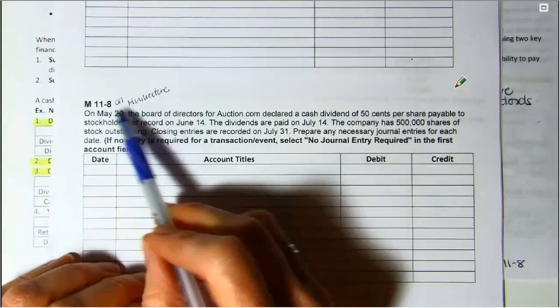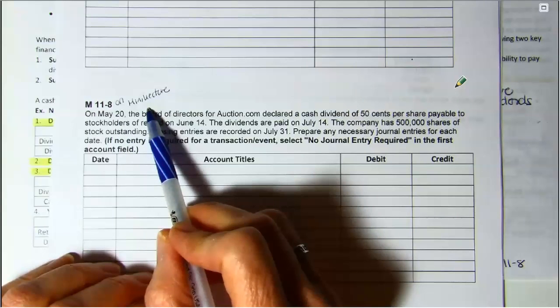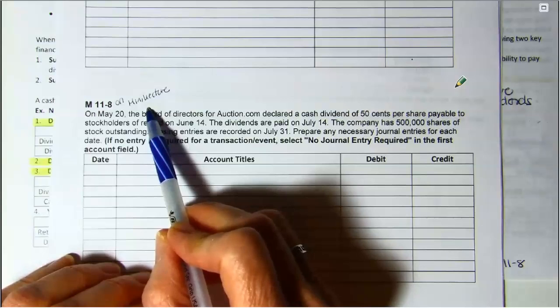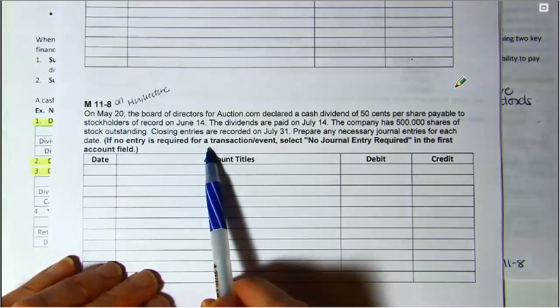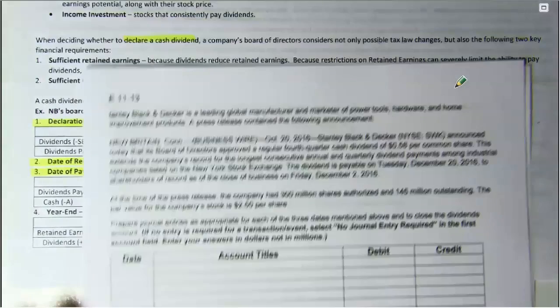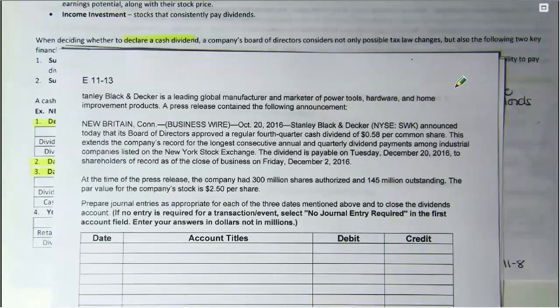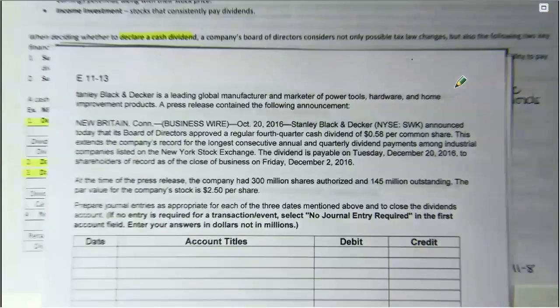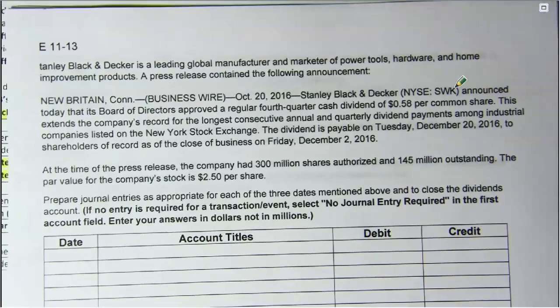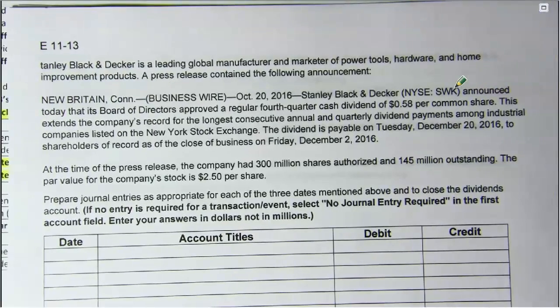So you can see this demonstrated on the mini lecture, and it says it right in the title of the mini lecture that you're going to see the demonstration of this problem. So instead of doing this one, I thought I'd do a different one so you can see 2 examples if you'd like. But it's not required that you watch that one, just to give you a little bit of another idea of how dividends are handled.